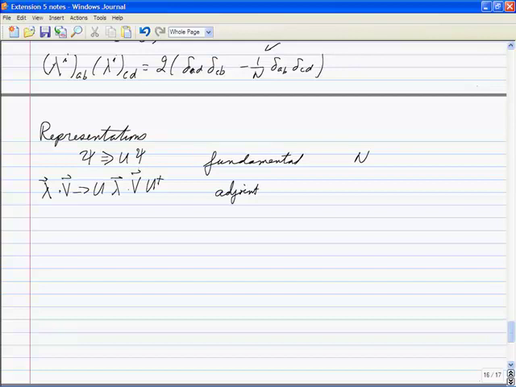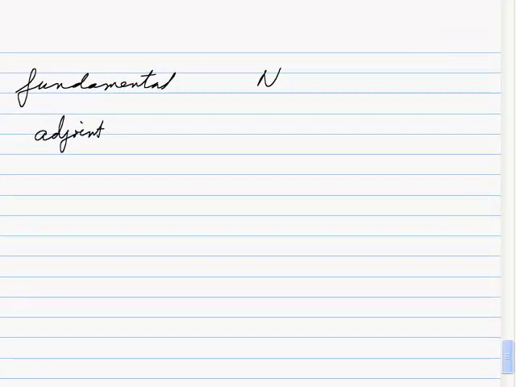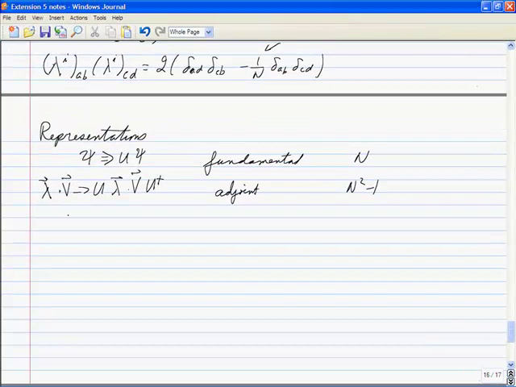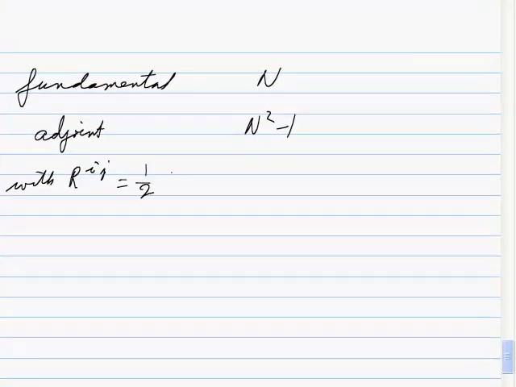So it's again the same development I would repeat. If I take traces, there are n squared minus 1 of those, because there are n squared minus 1 of the lambdas. This would be Vi goes to Rij Vj, with Rij being 1/2 trace U tau i U dagger tau j, just like before.